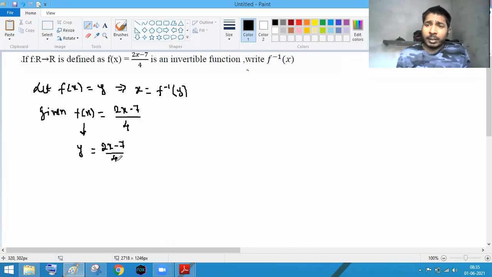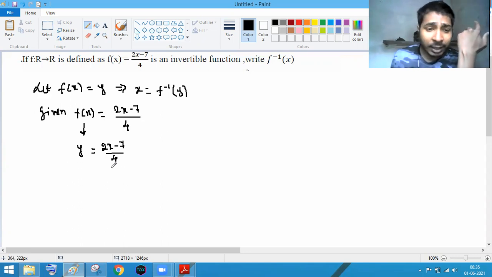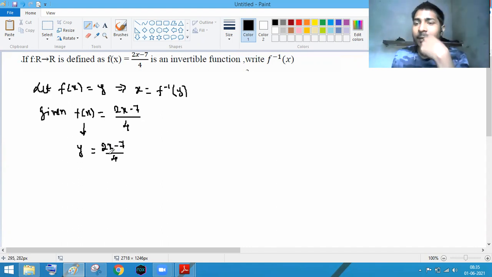Now can you tell me what is our aim in this question? Yes, f inverse of x. We have to find out x. Inverse means you have to find out x. If you want to find the function, you have to find y. If you want to find the inverse, you have to find x. So can you find x from here?